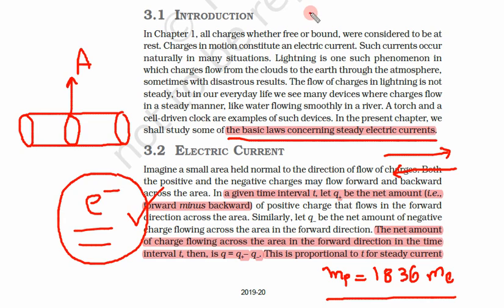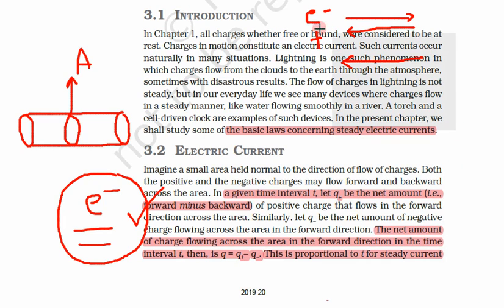If electrons are moving towards the right, that means positive charge is moving towards the left, because as soon as an electron moves from left to right, this area becomes positive. We always take current to be in the direction of the positive charge. So the current will always be in the direction of the moving positive charge. These are some of the basic things you have to keep in mind: the direction of the current is always opposite to the direction of the movement of electrons.